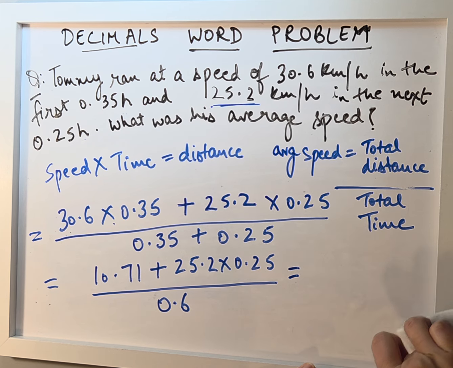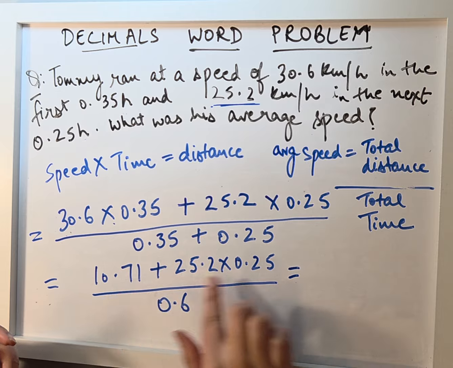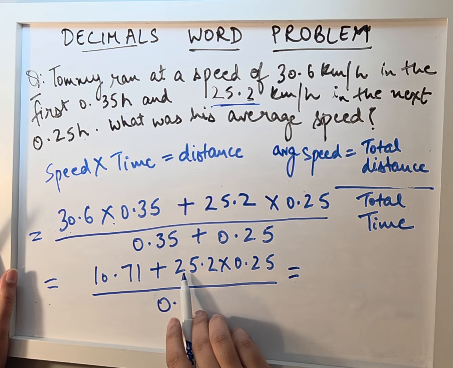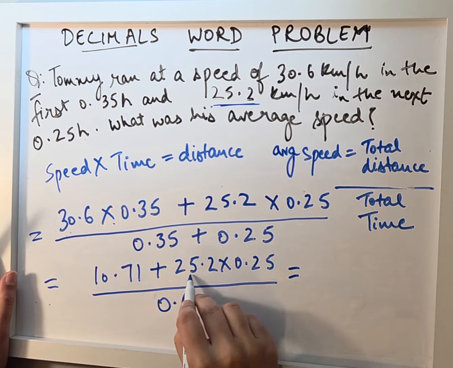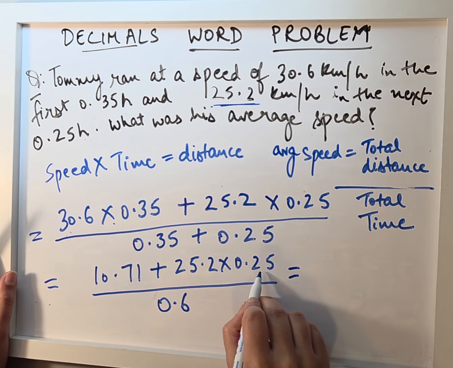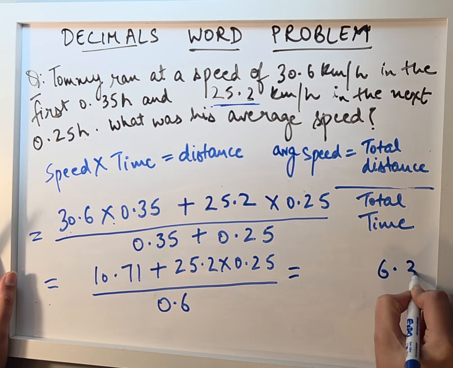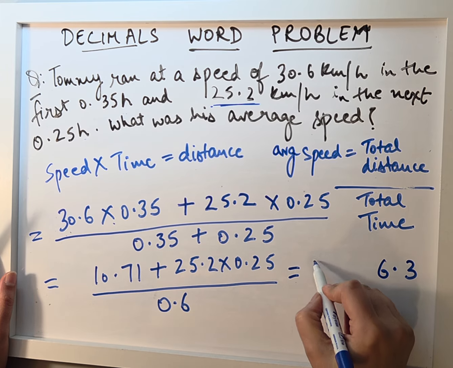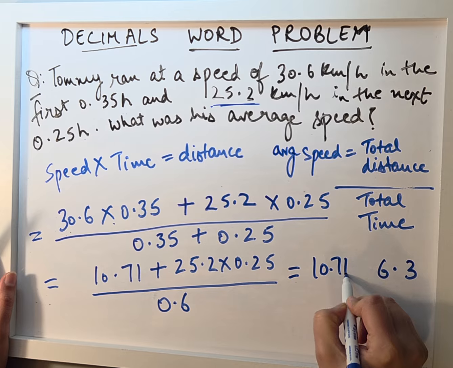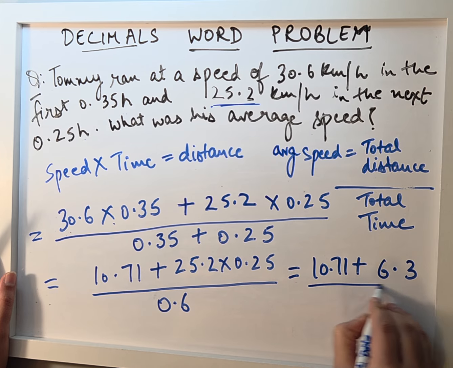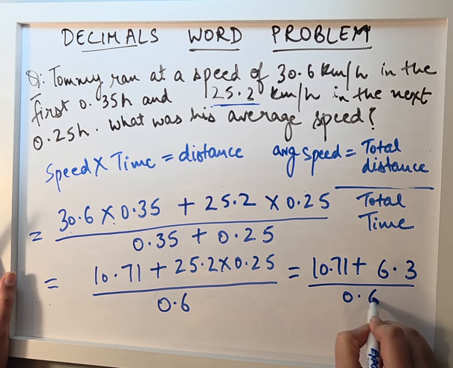Now let's follow PEDMAS again in the numerator. We have two operations, addition and multiplication. So multiplication takes priority. 25.2 into 0.25, how much do we get? We get 6.3, and we write the rest as is, 10.71 plus 6.3, and we divide it by 0.6.